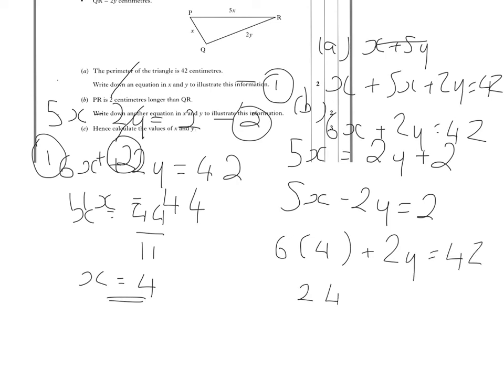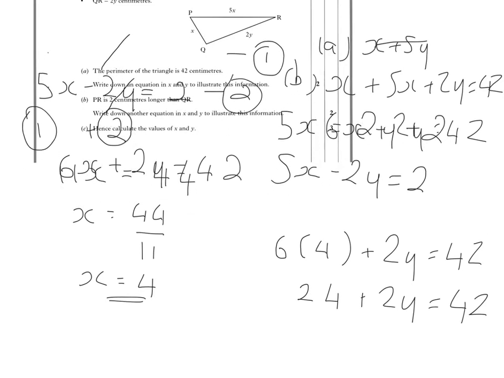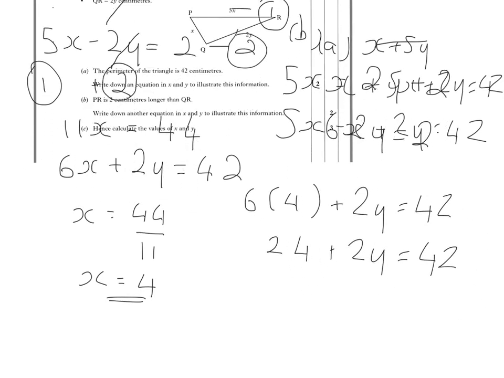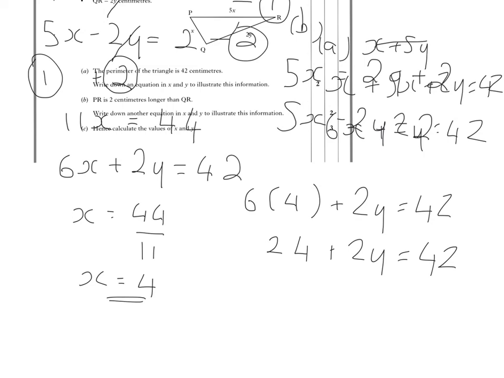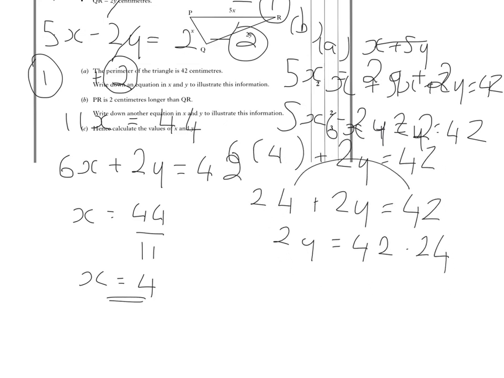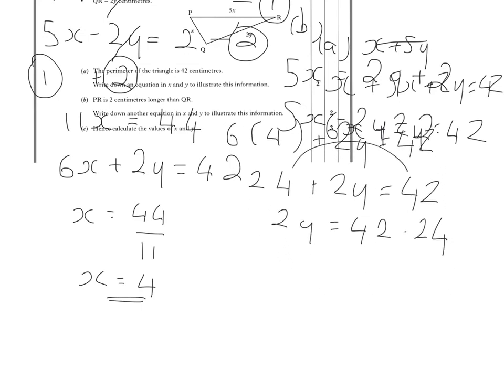That's 24 plus 2y is equal to 42. 2y is equal to 42 take away 24, moving that across the other side and subtracting. 2y will be equal to 18, and y is equal to 18 over 2, and that's 9.